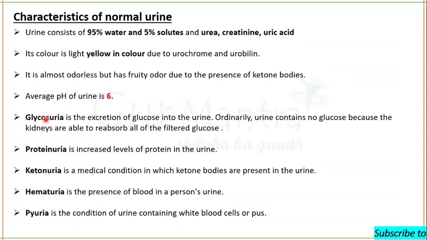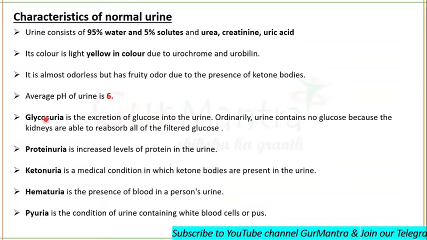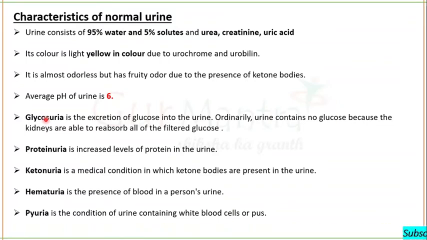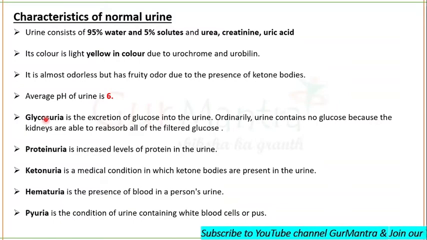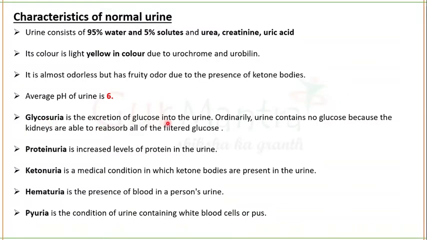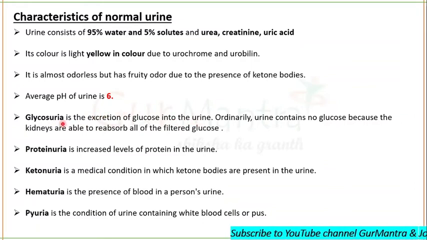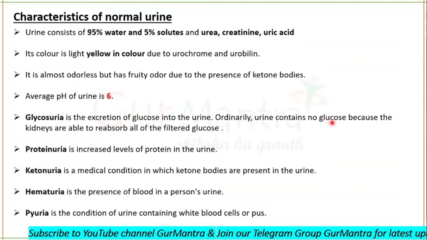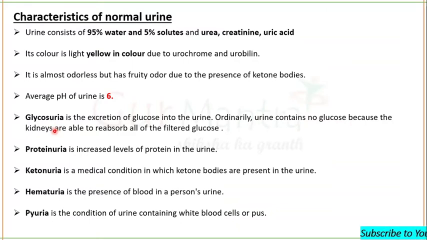Glycosuria. What is glycosuria? In the previous video I told you that along with the filtrate in the renal tubule, glucose is also filtered out, but most of the glucose is reabsorbed. Normally urine contains no glucose, because the kidneys are able to reabsorb all the filtered glucose.